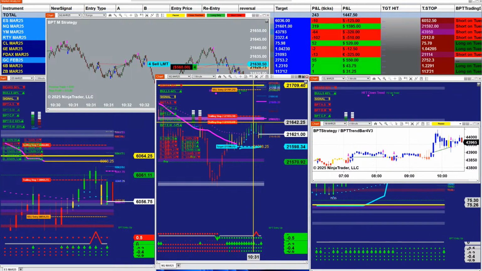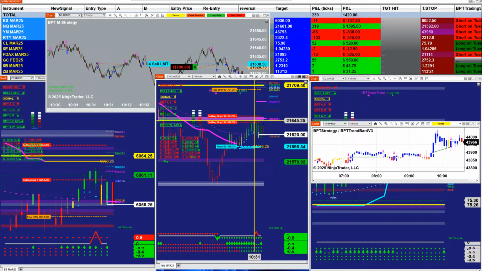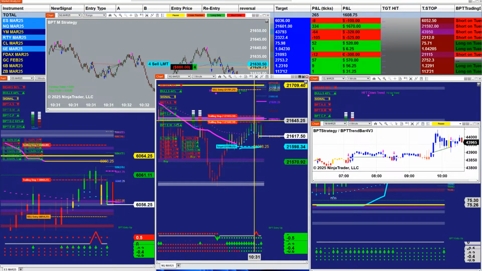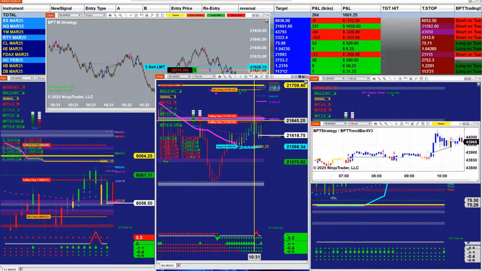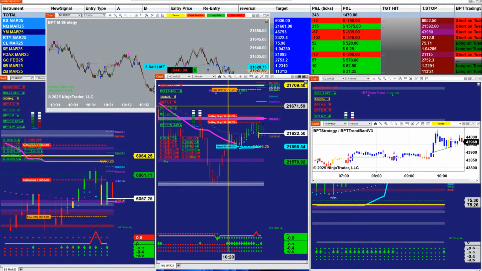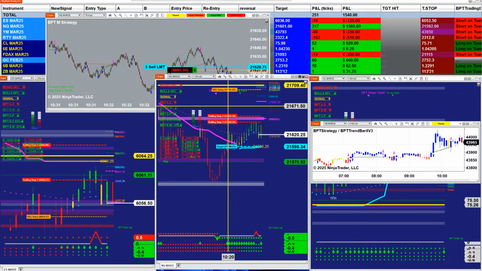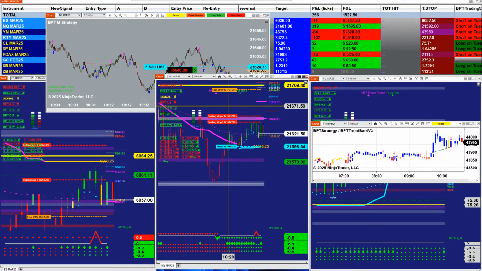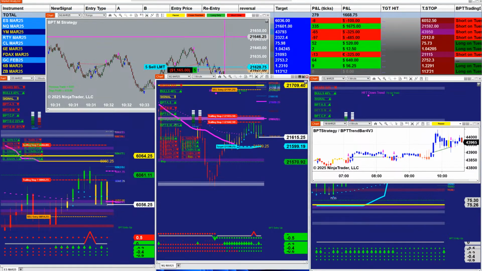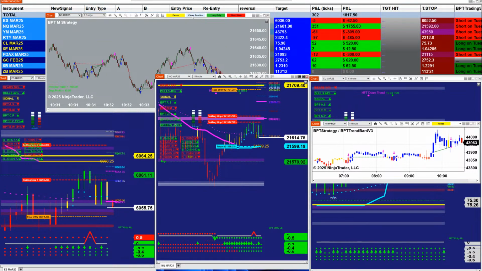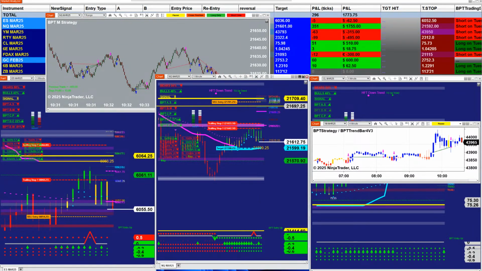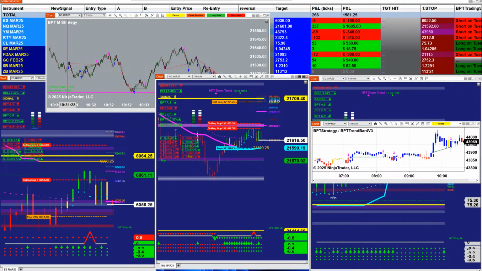It came into the support, to the resistance, and was not able to break it. And it fell again. This is a really bad trade. So we got in trouble with that trade. You're going to get in trouble sometimes. Now we are back to $15.